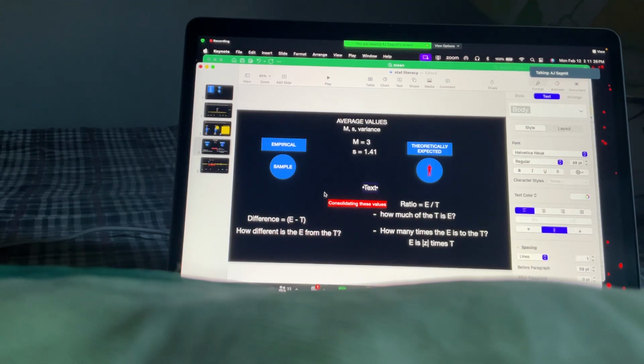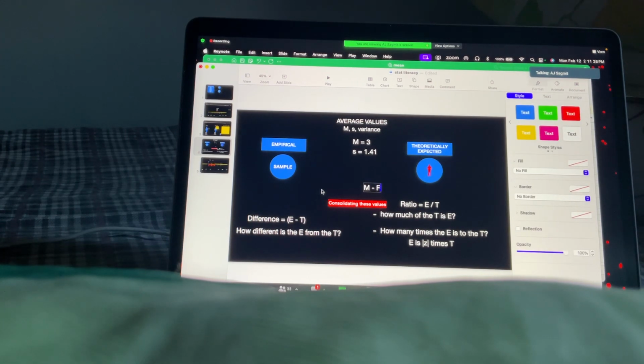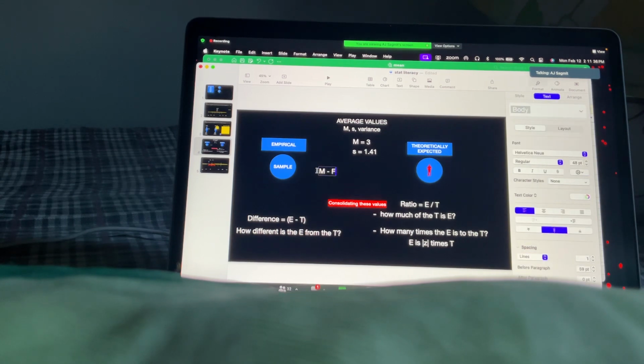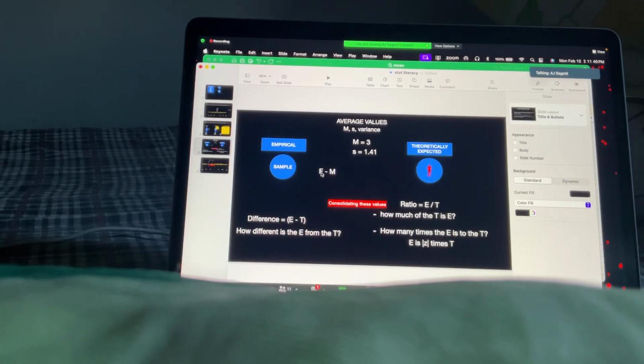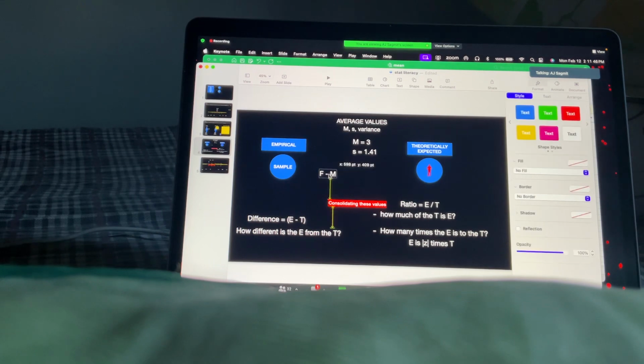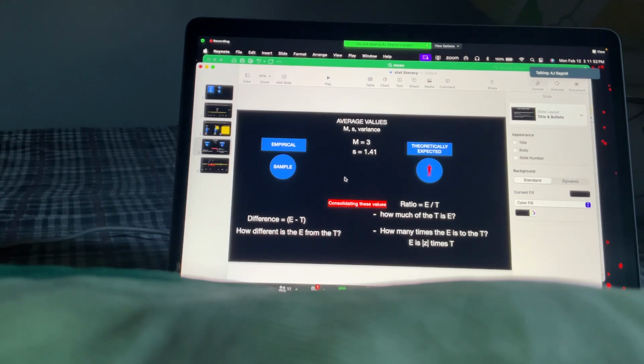Example, male versus female. In this case, M minus F, how different is a male person from a female, as if the female is the gold standard? But if the formula is F minus M, how different is a female from a male, as if the male is the gold standard? One is feminist, this one is patriarchal. Parang ganun ang konteksto nun in a political stand. Okay, so that's the difference.